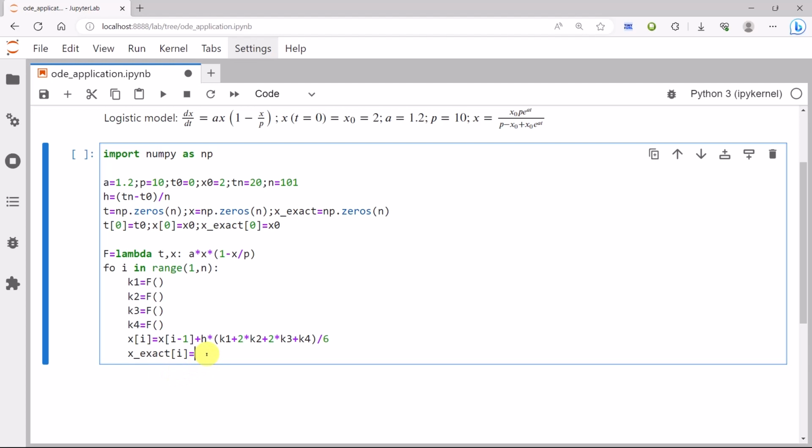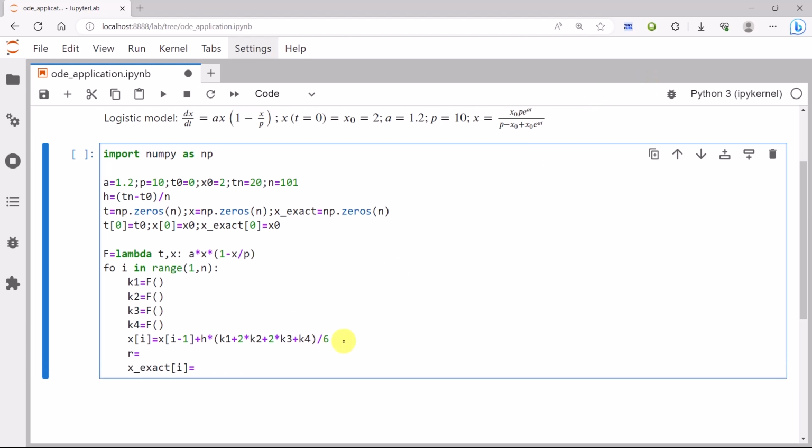So e to the power at I have to calculate twice. So let's calculate e to the power at as r, and then we can write it as x naught p r divided by p minus x naught plus x naught into r.